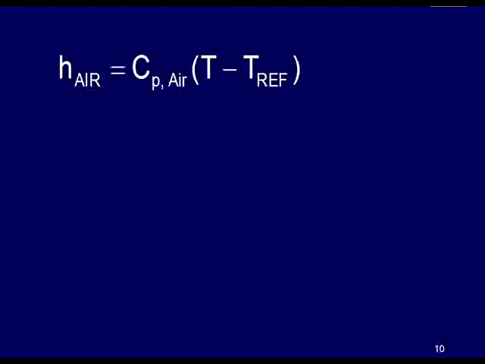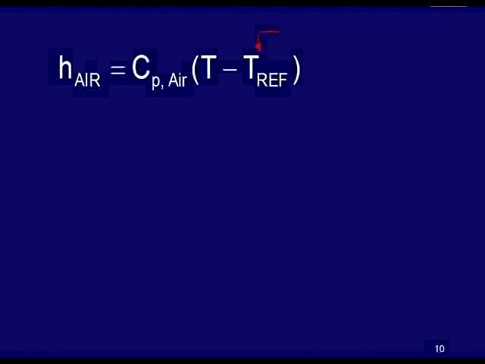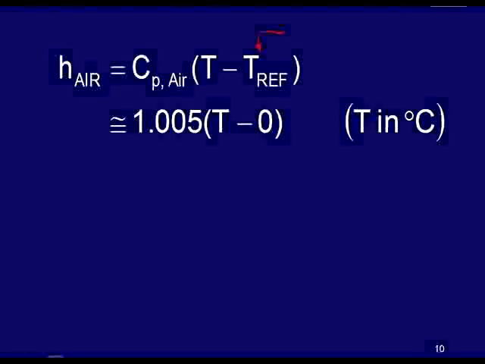Now we can calculate H of the air relative to some reference state, and when you have a psychrometric chart, the reference state should be stated on the chart, what temperature the air is referred to, and so the H's listed will be relative to that temperature. And so H of the air is Cp times T minus T reference.